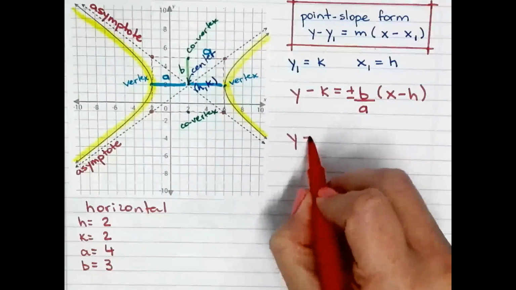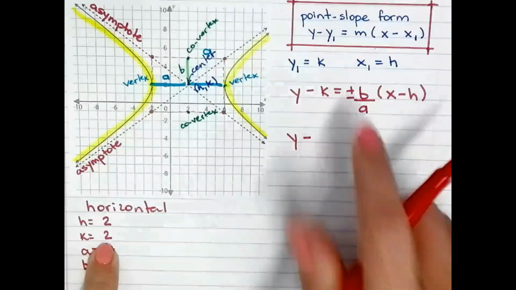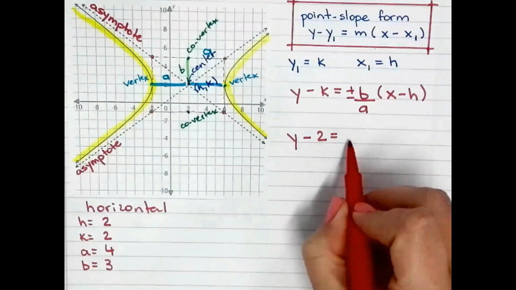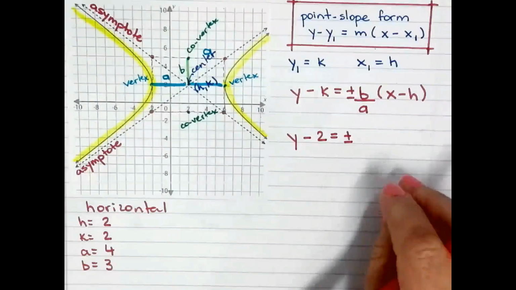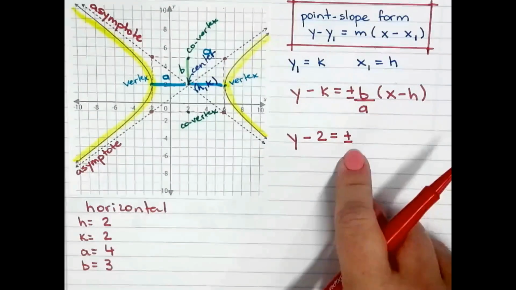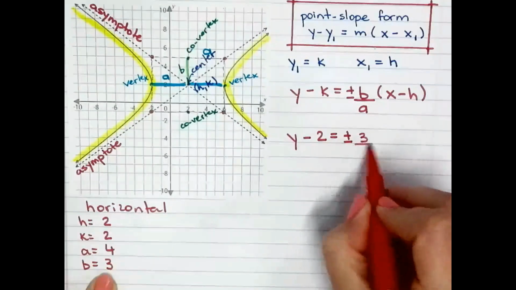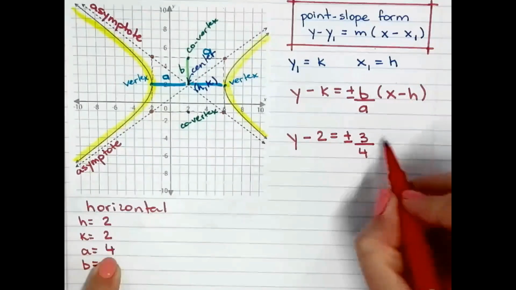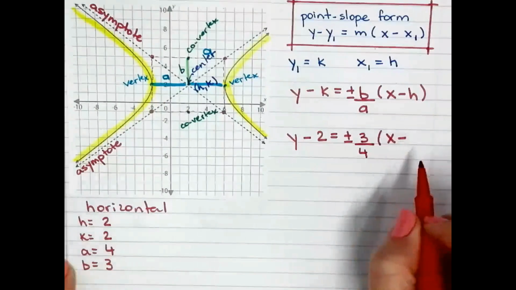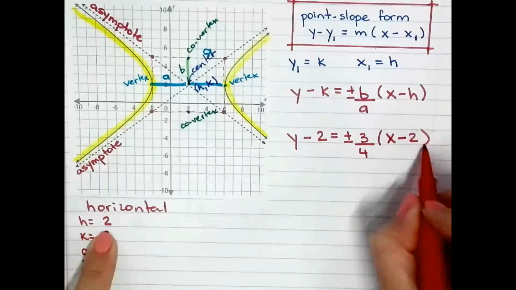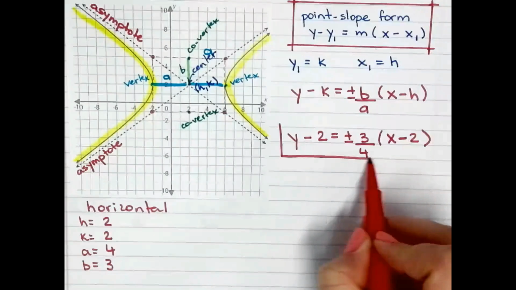So y minus k is right there, 2, equals plus or minus, because I have 2 lines, one with the positive slope and the other one with the negative slope. B is right there, 3. A is right there, 4. And then x minus h is also 2. That's all there is to do.